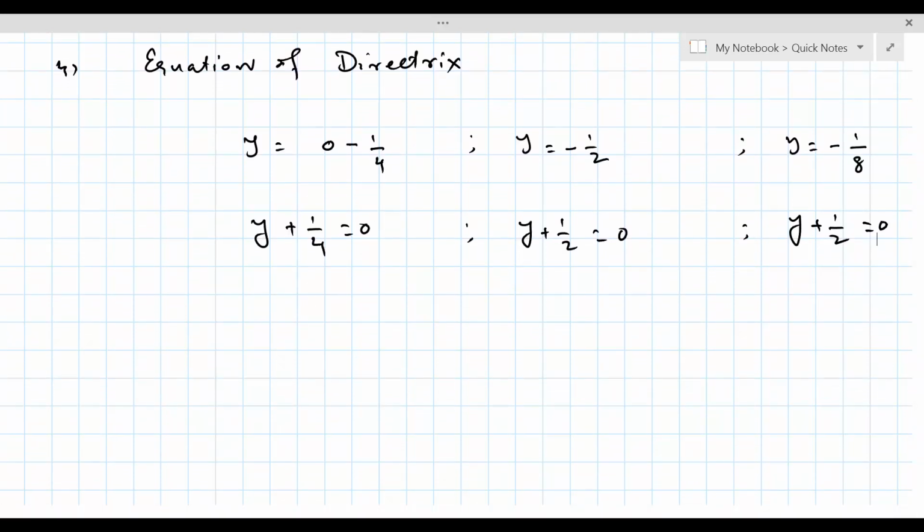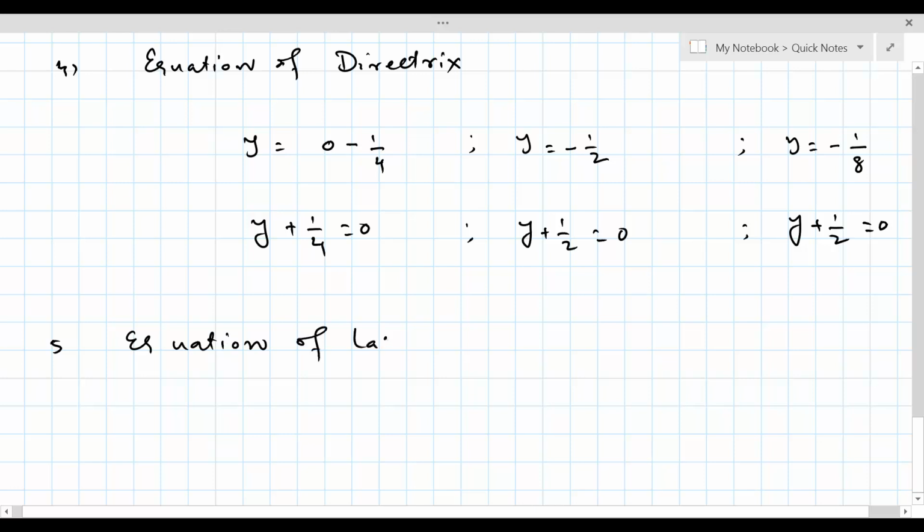And number 5, equation of latus rectum in this case is y is equal to the y coordinate of vertex, which is 0, plus 1 by 4, the focal length. And here this is again y is equal to 0 plus 1 by 2.